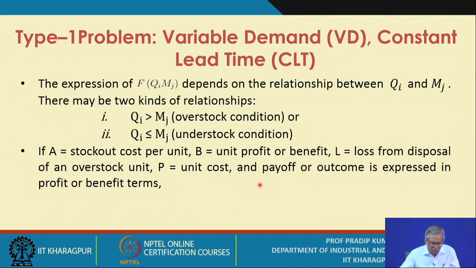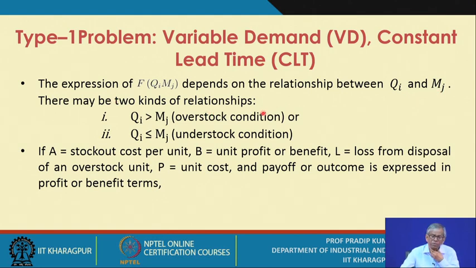The expression for f(Qi, Mj) depends on the relationship between Qi and Mj. That means either Qi is greater than Mj or Qi is less than Mj. One case is Qi equals Mj. That is the best possible case.